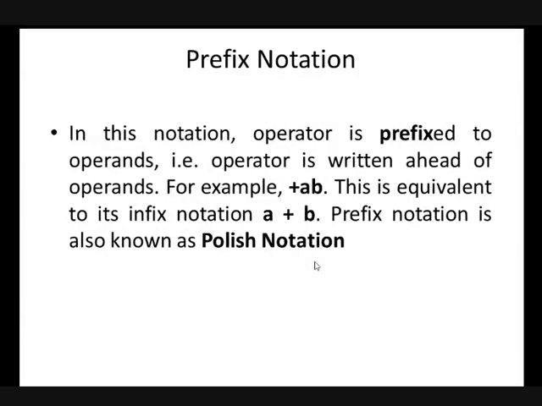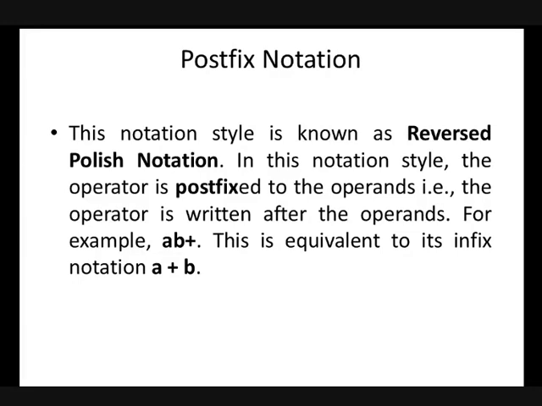In the prefix form, for any given expression, the operators come first, then the operands. If there are two operands, then the operator comes first, and this is also called Polish notation. The next one is the postfix expression, and in postfix we have the operator after all the operands.